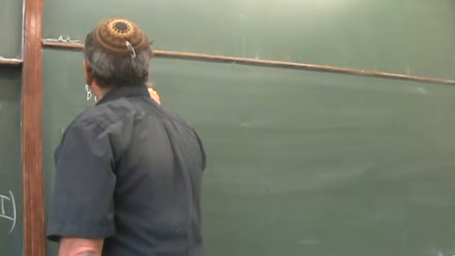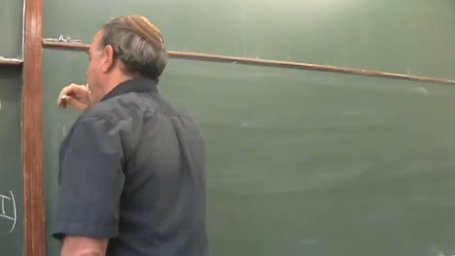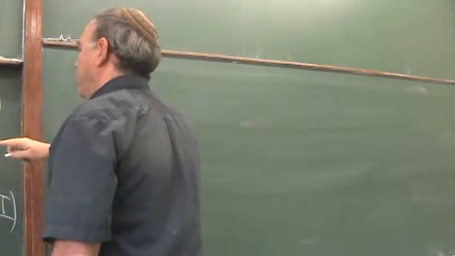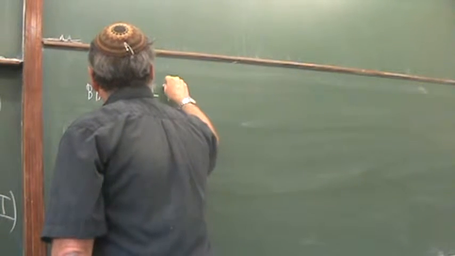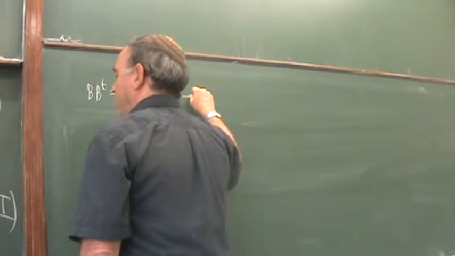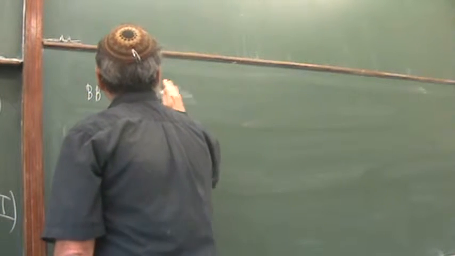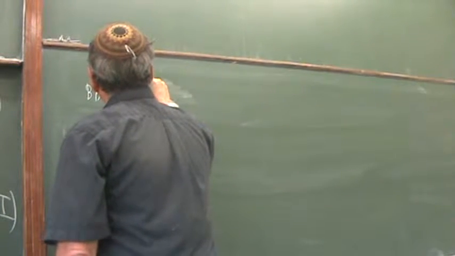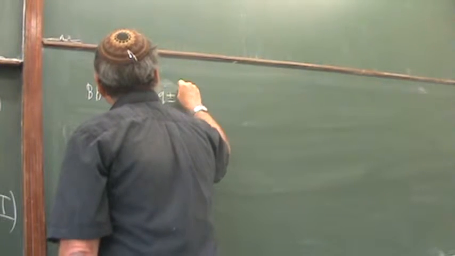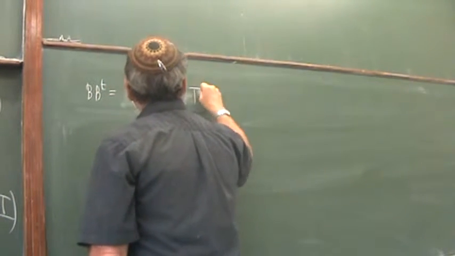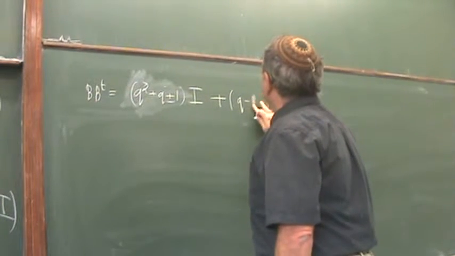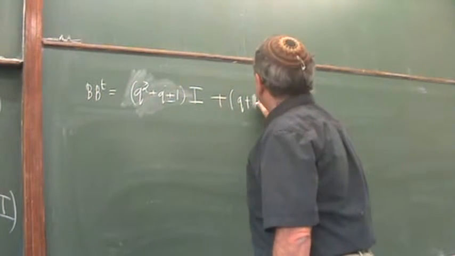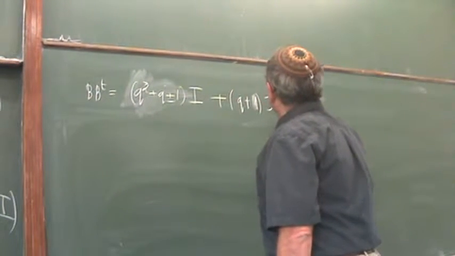So BBT is equal to Q squared plus Q plus 1 times the identity, plus (Q plus 1)(J minus I).